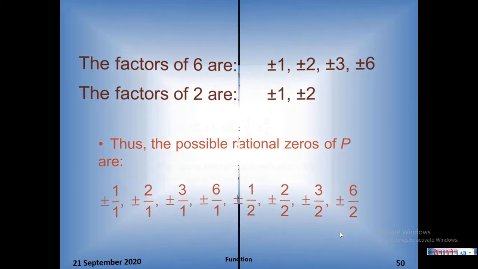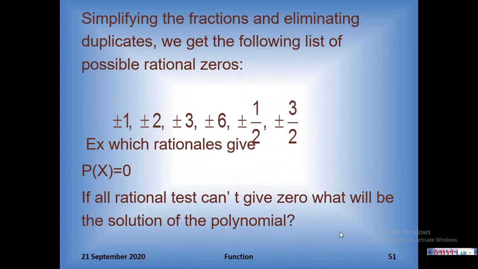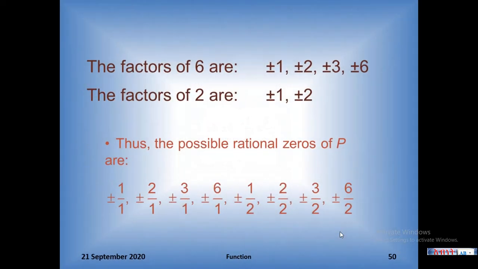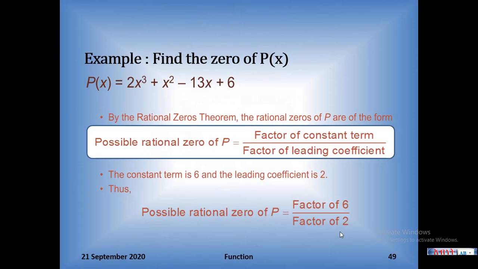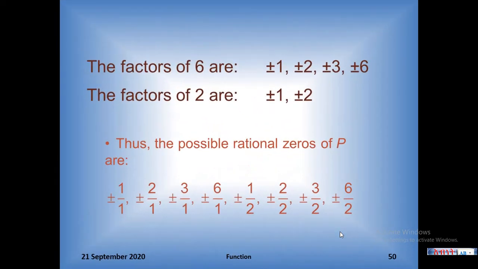Okay, I made a mistake here. Don't simplify here. The factors of 6 over the factors of 2. Take it as this. So the factors of 2 are 1 and 2.